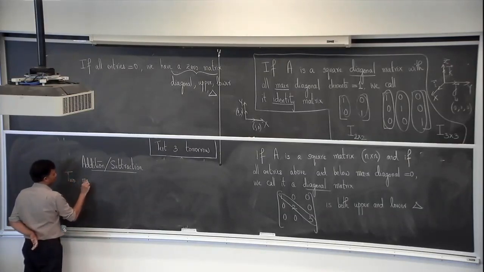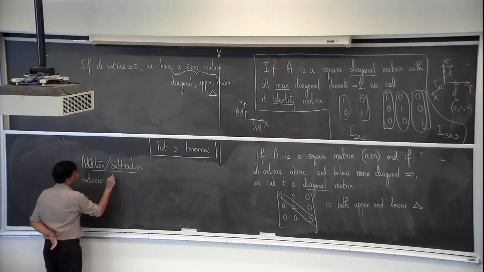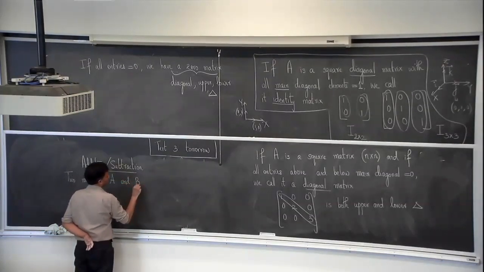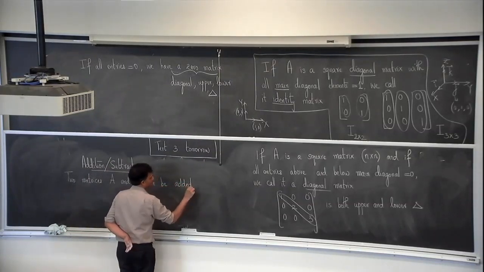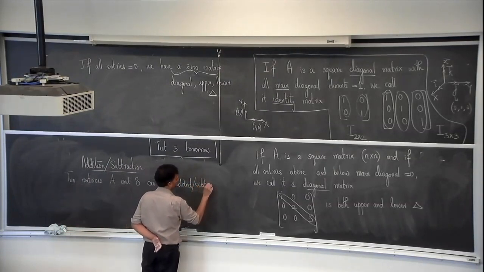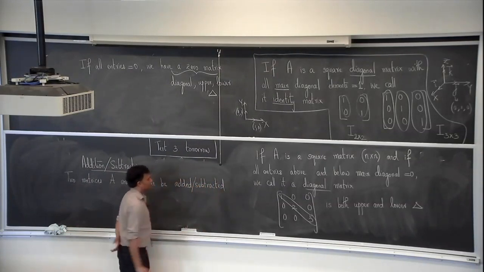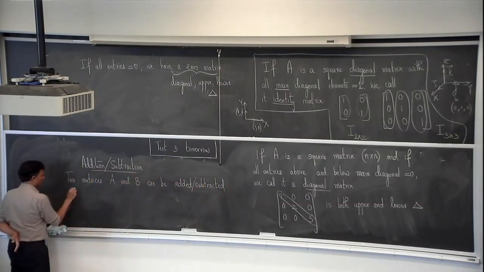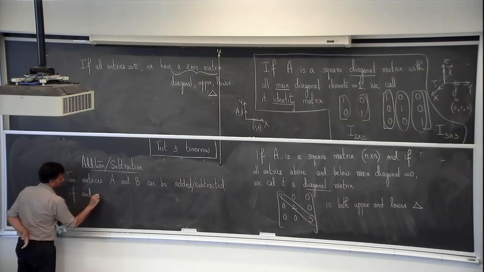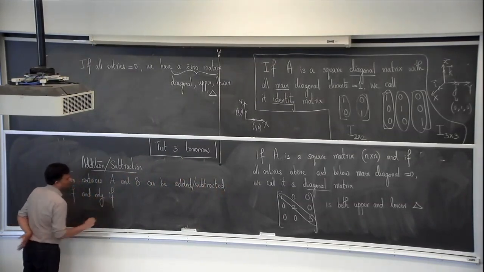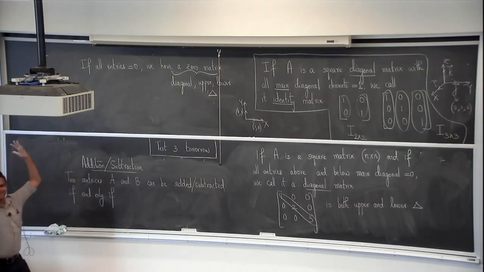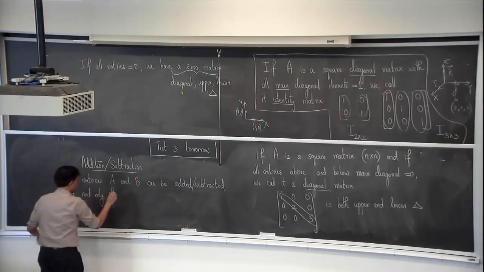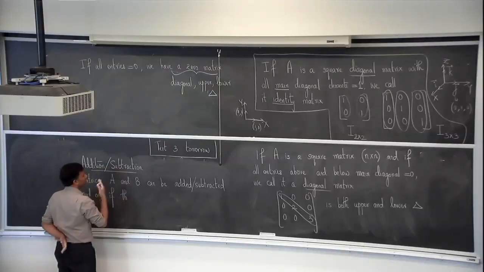Two matrices A and B can be added or subtracted if and only if, what do you think should be the remaining part of the statement? If and only if, yes, they have the same dimension. They don't have to be square, they have the same dimension.